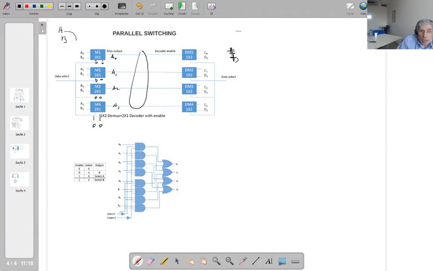On the other hand, if I would like to communicate between A and D on the other side, I'm going to choose D here. So I'm going to choose 0, 1 as the data select here. When you select this one, the other terminals of these trunks are going to be connected to D0, D1, D2, and D3, because it is 0, 1.